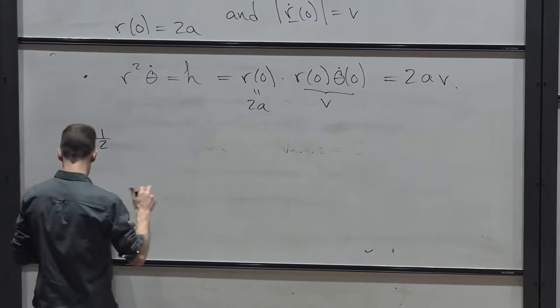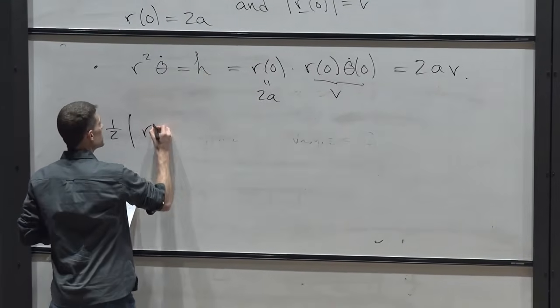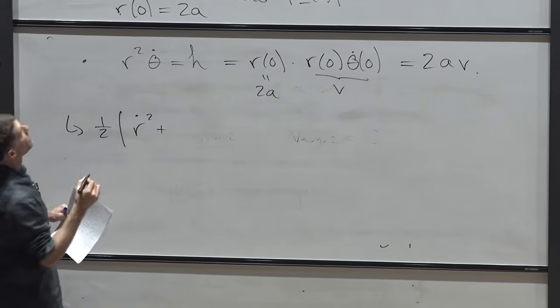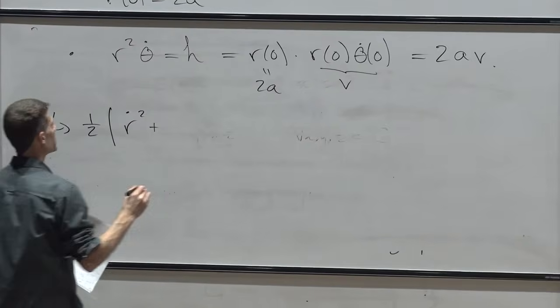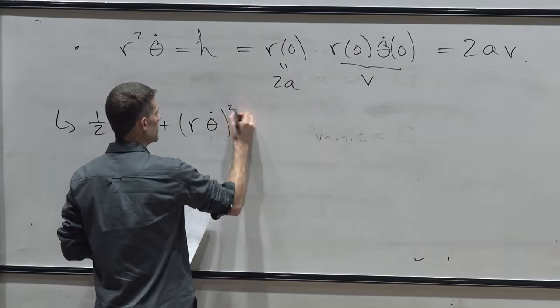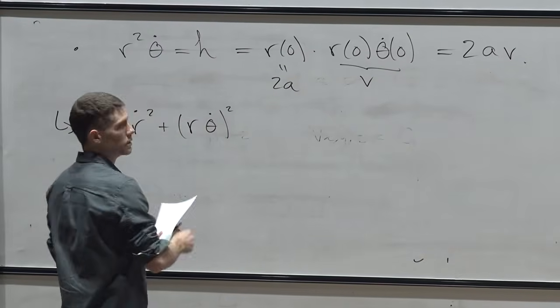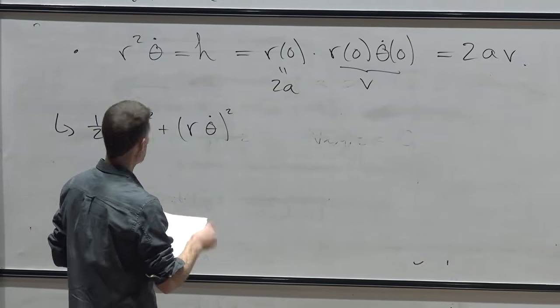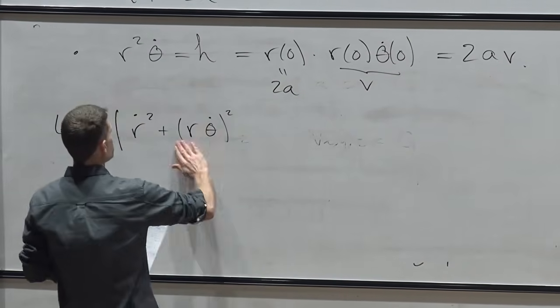So I end up with 1/2 r dot squared plus r theta dot squared.